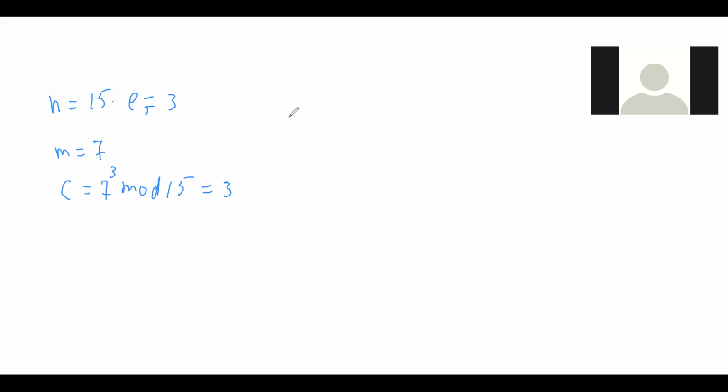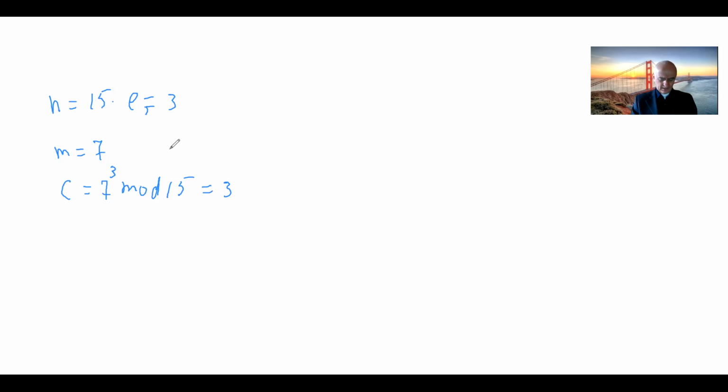Okay, let's see. I'll open a calculator. I think it's 13. I plugged it into a calculator. Yes, hold on, it's 13. 7 cubed, 7 times 7 times 7, divided by 15, the quotient is 22.